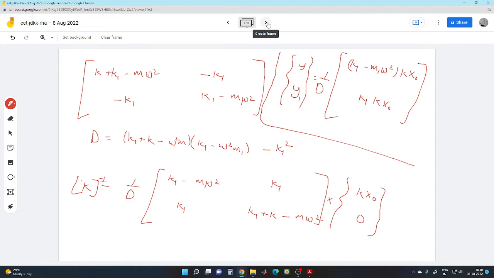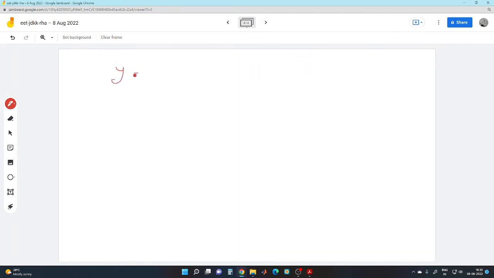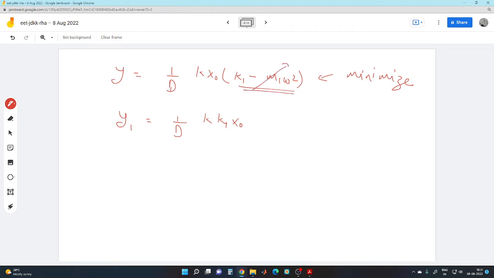So in the final response, we can write capital Y as 1 by D k x naught into k1 minus m1 omega square, and Y1 as 1 by D k k1 x naught. So this above thing will be minimized. The easiest way is to make this thing 0.